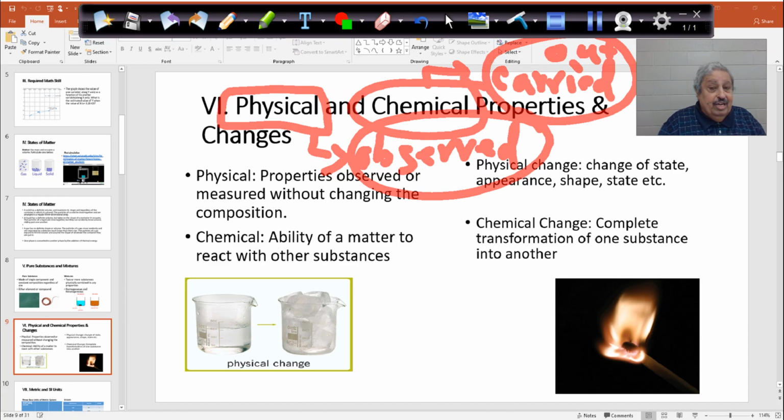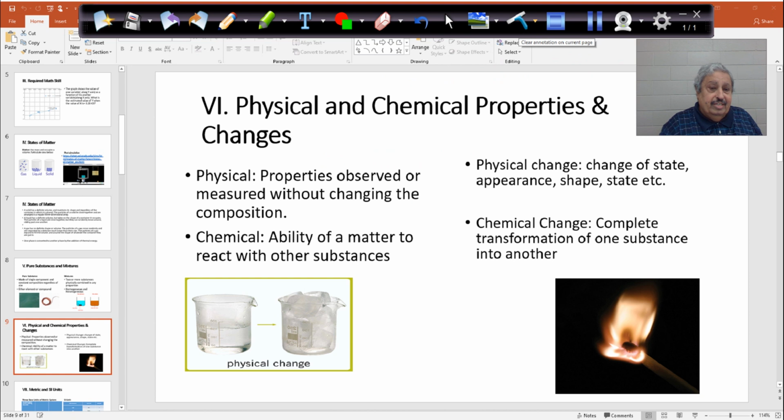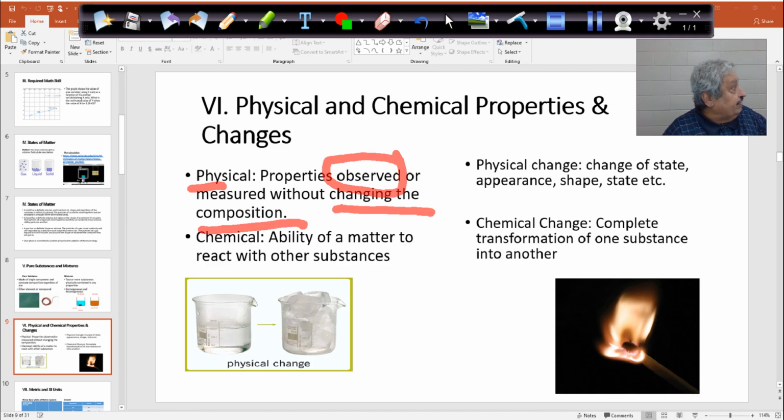If you have the definition, anything observed has to be physical. Anything carried out, that's a chemical. So let's do this one here. Physical is the properties observed. That's the keyword here. Without changing the composition, that's another keyword: you don't change the composition of matter in a physical change.